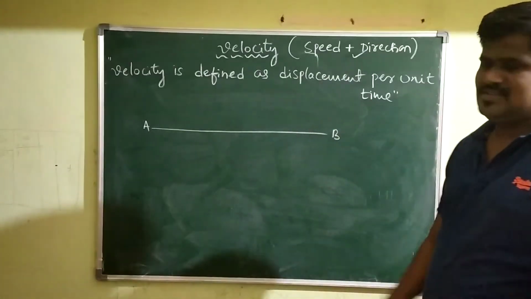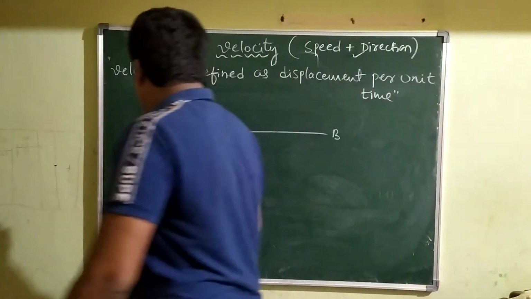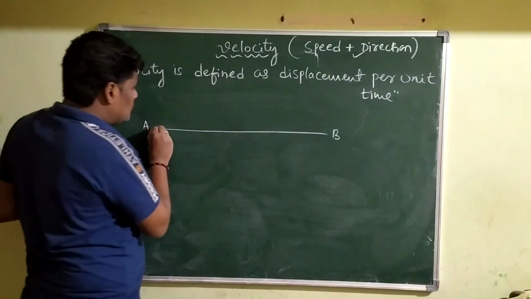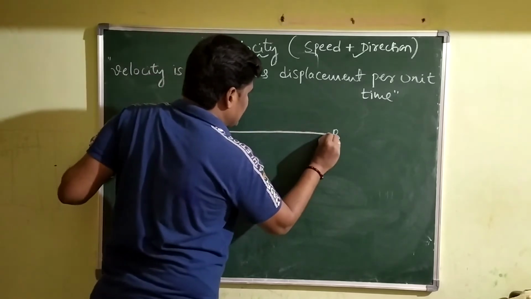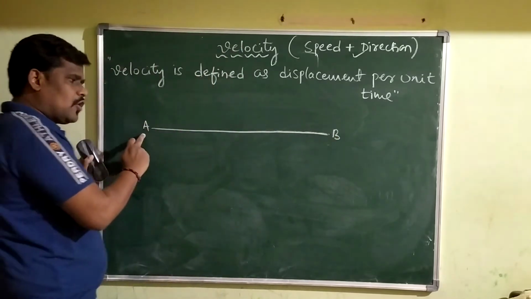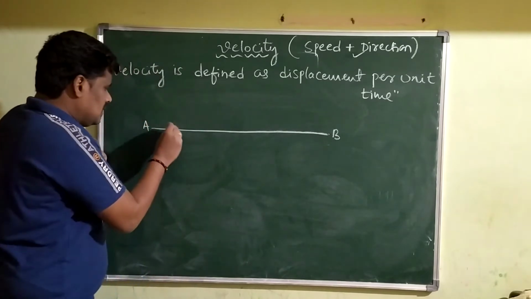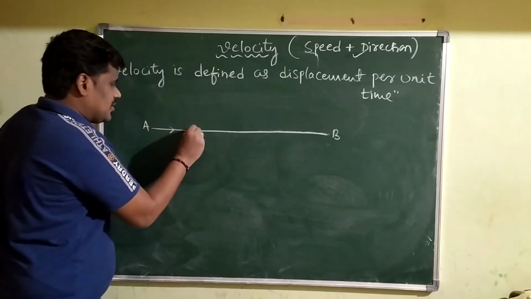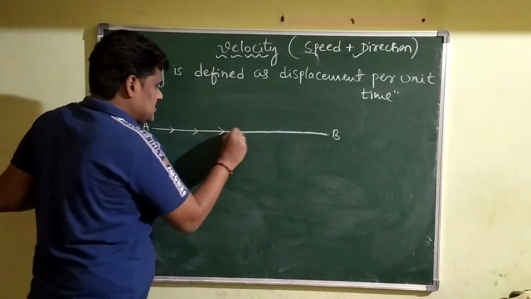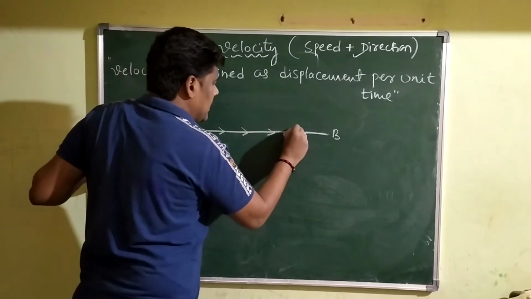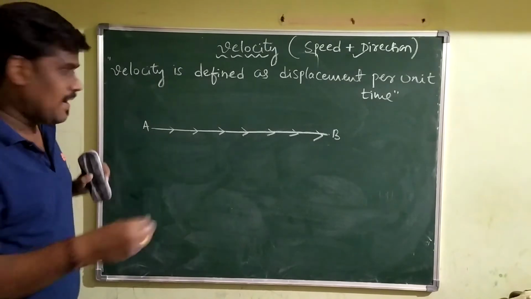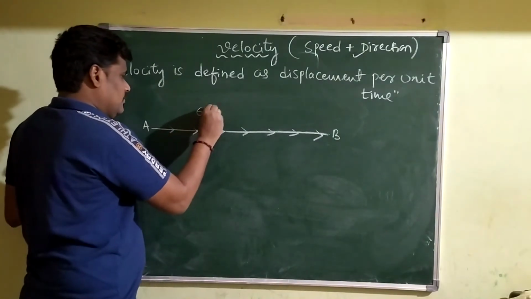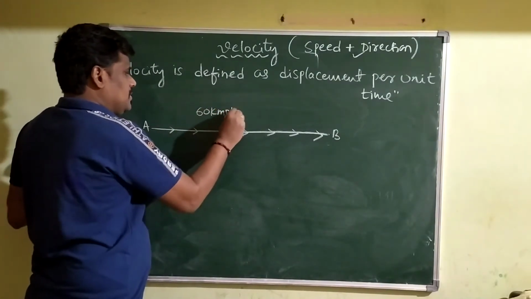So let me analyze this one. Suppose the bus is moving exactly in a straight line from A to B, without changing the direction, with the same speed. Imagine that the bus is traveling with a 60 km/h speed.